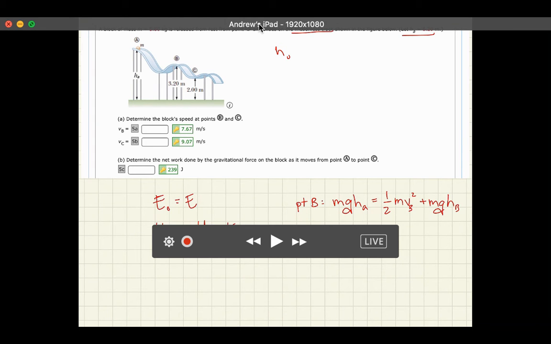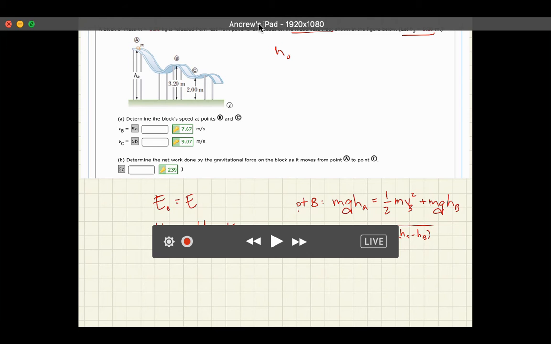Solving for velocity there, mass cancels out, and I get v equals the square root of 2g times (HA minus HB), and that's it, right?